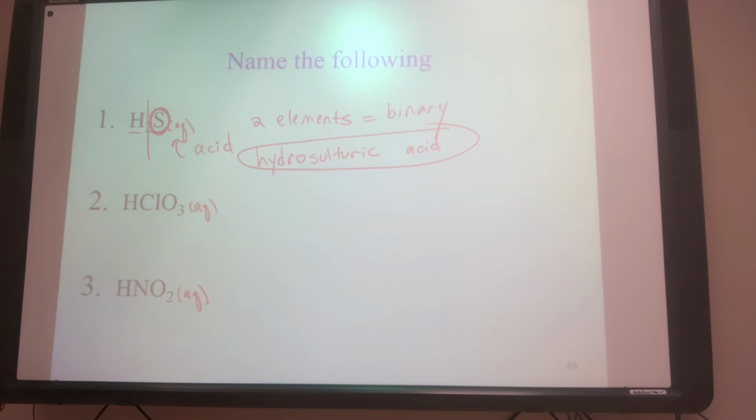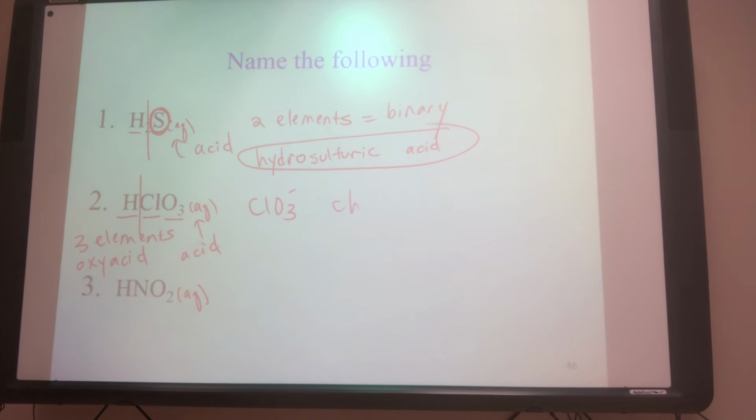All right, let's do the next one. I see the AQ, so I know it's an acid. I notice there's 1, 2, 3 elements. So if there's 3 elements, I know this is going to be an oxyacid. I know it's always H plus the anion. So the anion has to be ClO3. I need to find ClO3 in my chart. He actually has a 1- charge.